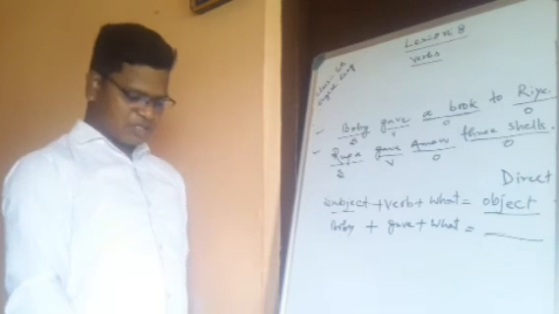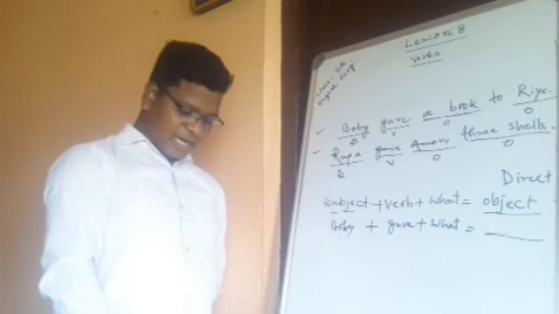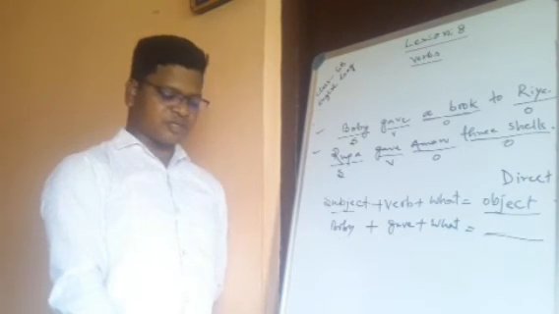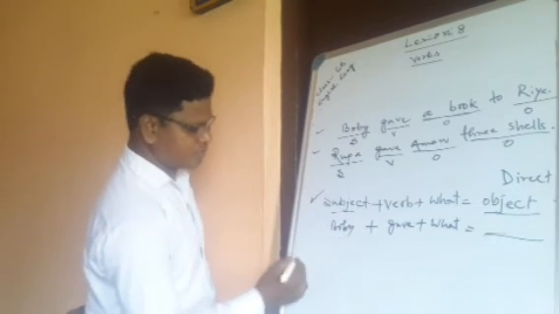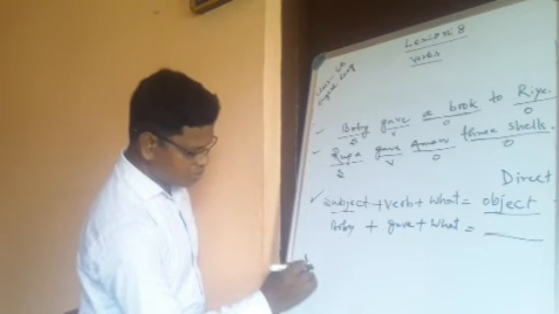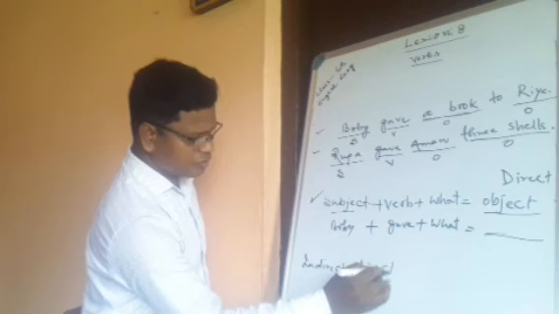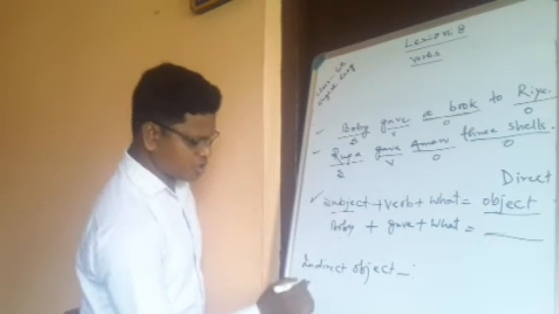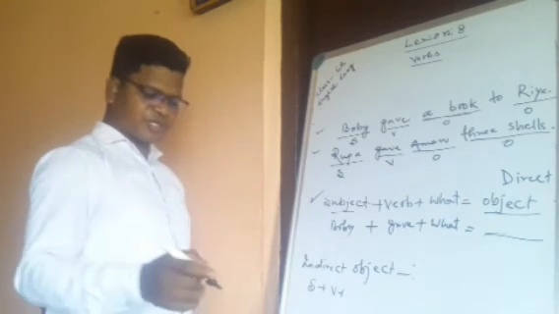Hope it is understood. And the other one, Ria, is the indirect object, as it answers a different question. Let us see. To get the indirect object, what we must do? We have to start asking questions with the same thing: subject plus verb, and then you must place certain words.